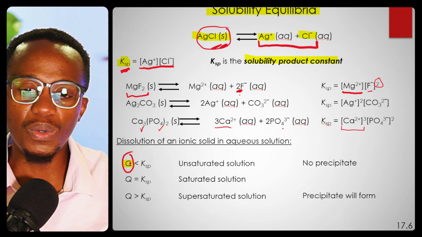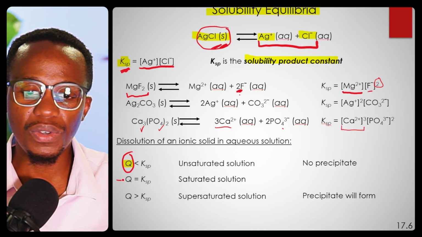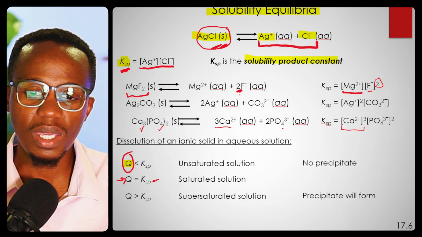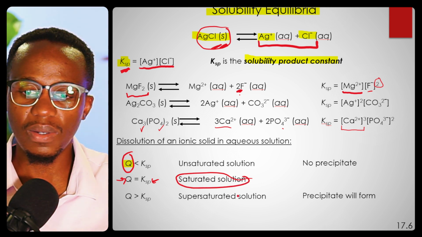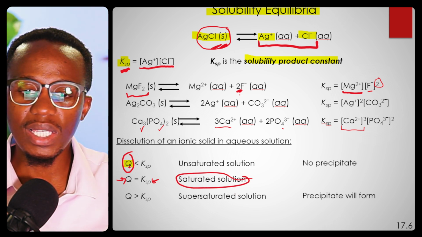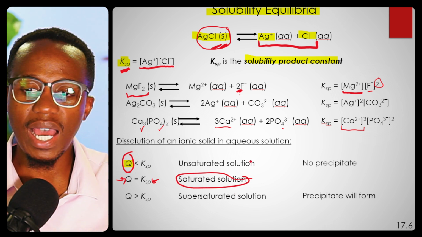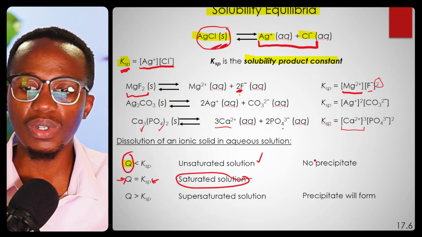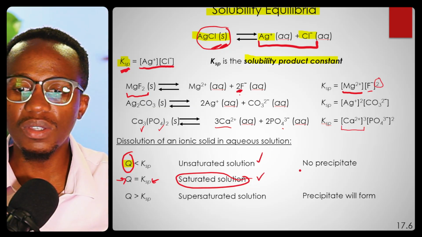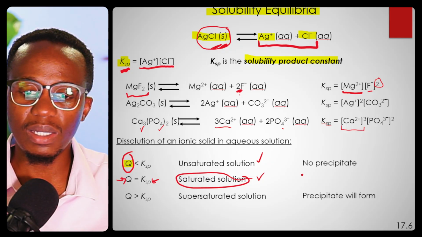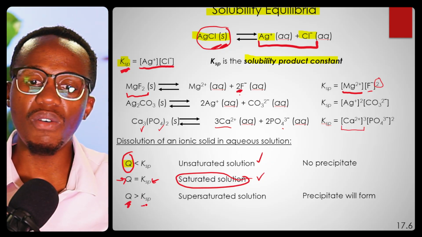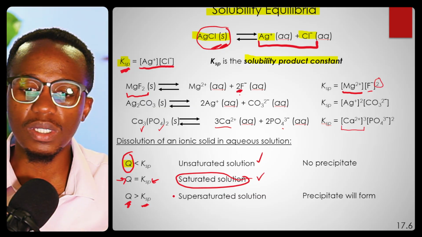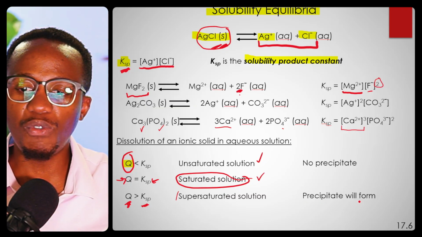So if Q is equal to Ksp, you have a saturated solution, it's liquid, right? If Q is under Ksp, you have an unsaturated solution, it's also liquid, right? Both of these are liquid, no precipitate. But guess what? If Q is over Ksp, you have a supersaturated solution and you will form a precipitate.